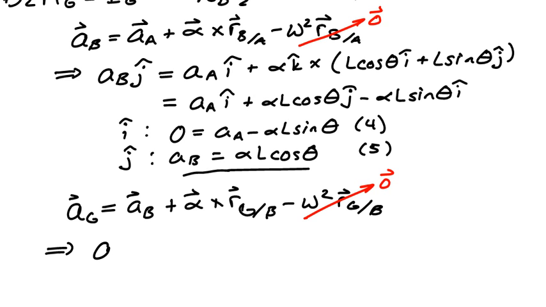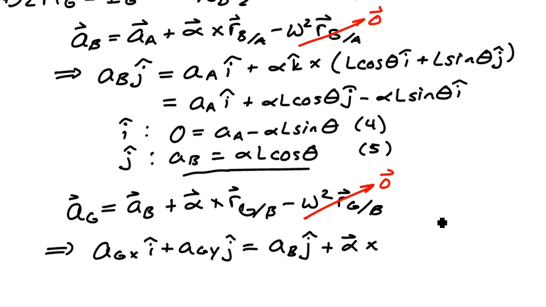So now I'm going to have AGX in the I plus AGY in the J is going to equal AB, which we've already found to be purely in the J, plus alpha cross R of G with respect to B. I need to substitute in here, so we have alpha in the K.